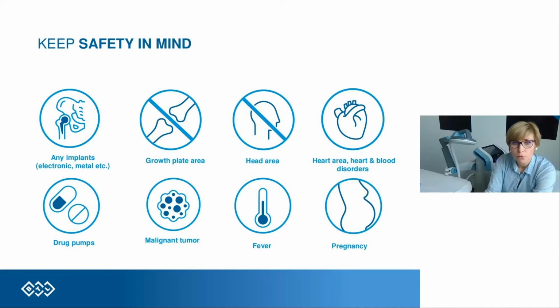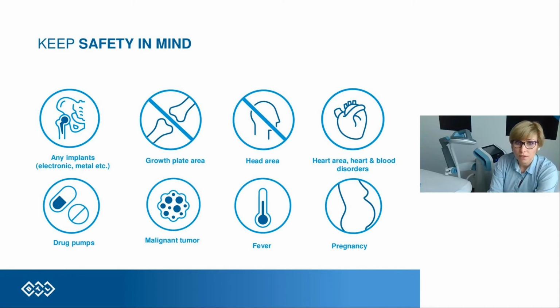But also, if we have, for example, children, let's say teenagers with cerebral palsy, and we want to decrease the spasticity, we still know that we will cover the growth plate area.